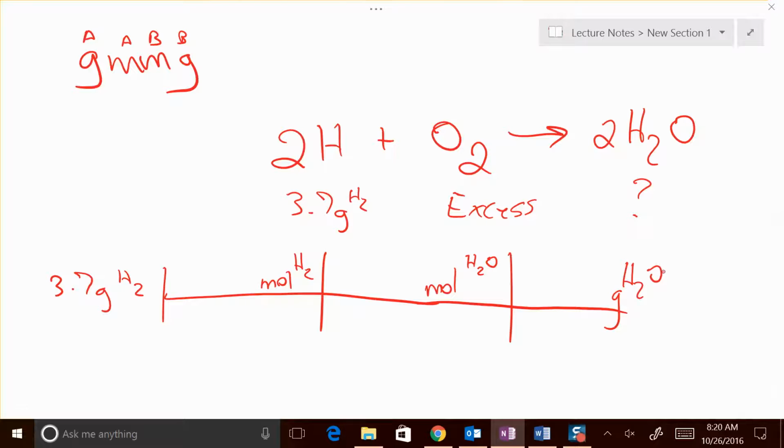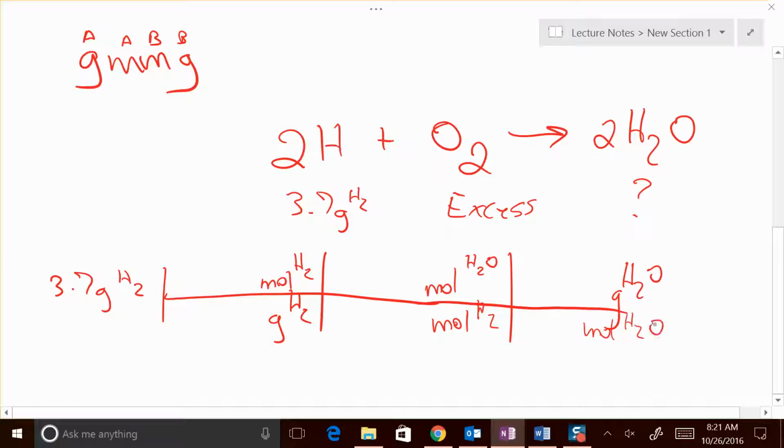So if I write my process along the top, I'll see that it's correct. Okay? Grams of H2 to the moles of H2 to the moles of H2O to the grams of H2O. And then once I have this process figured out, I just have to drop my units. Grams H2, moles H2, moles H2O. Okay? And then I can just fill everything in.